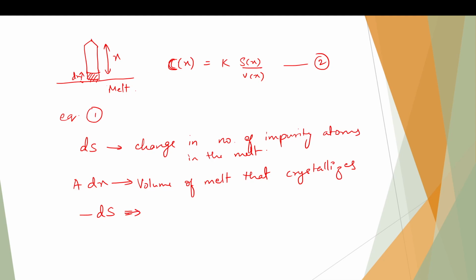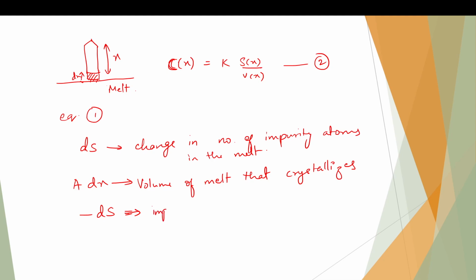What will be minus ds? Minus ds will be the impurities that are incorporated in this small volume. So ds was the impurities in the melt. If ds number of impurities increased in the melt, then minus ds number of impurities decreased in the melt and went into the solid, right?